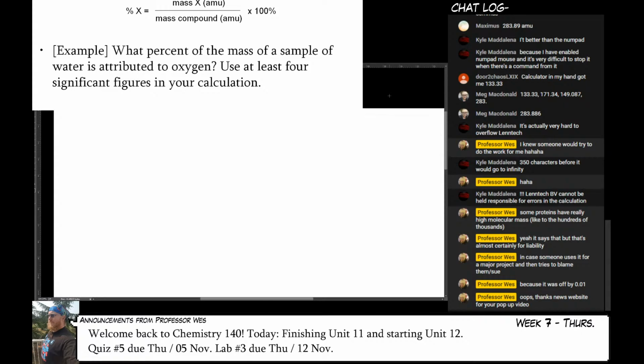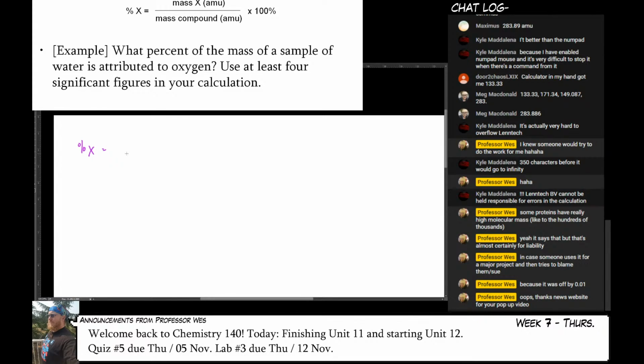So let me scroll this up. So let's start by writing down that formula. So percent x is equal to the mass of x over the total mass times 100%.